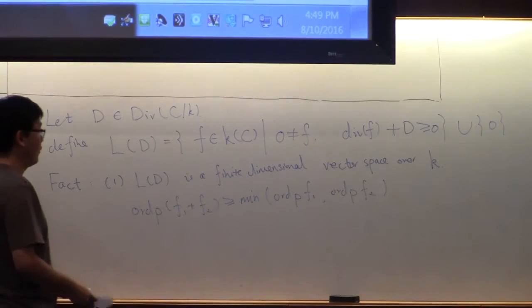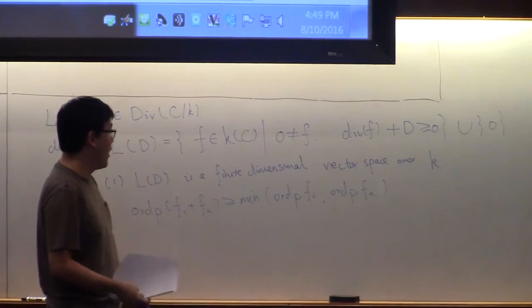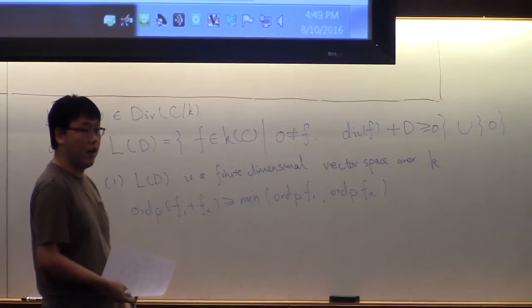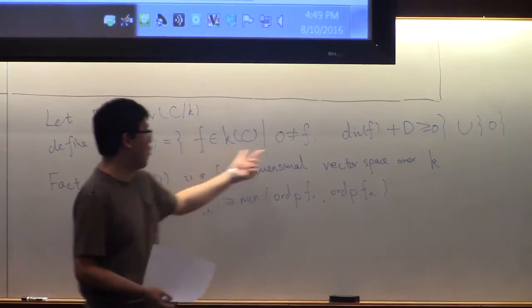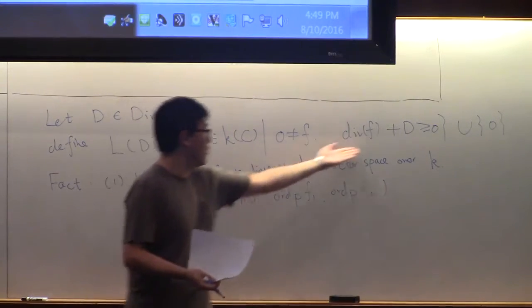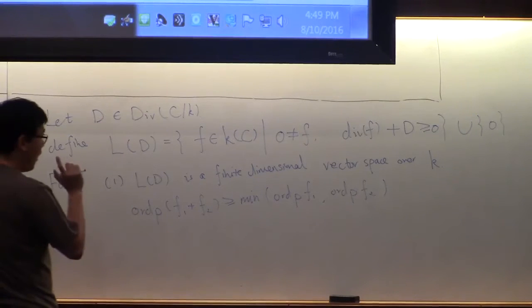Okay? And of course, if you have an element here, you just add a non-zero scalar to this function. Of course, it does not change this principal divisor, so the same inequality still holds.